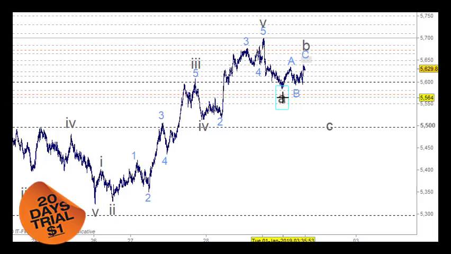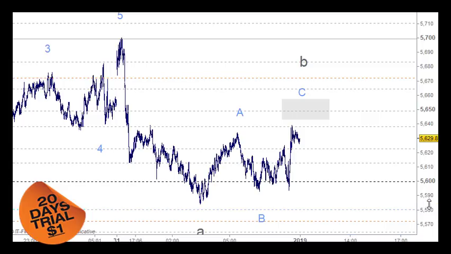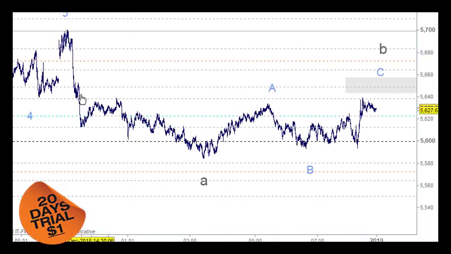The first move down, we can call it an A wave here, and then the B wave can pull back into this space, the 5650 area through here, and then move down from here. One of the interesting things is that this move down as an A wave, and this is why I've labeled it wave A, because I can count from the top 1, 2, 3, 4 and 5 here.